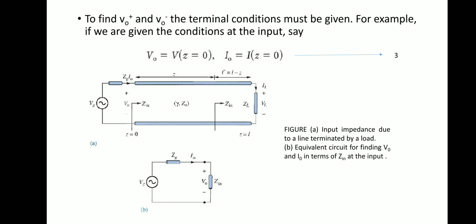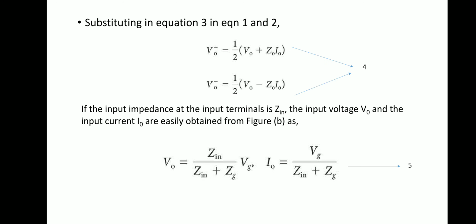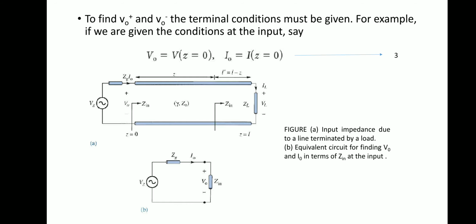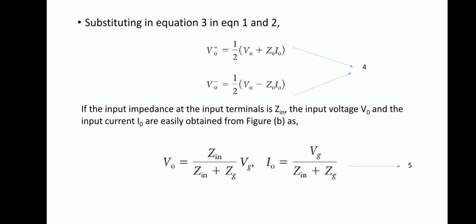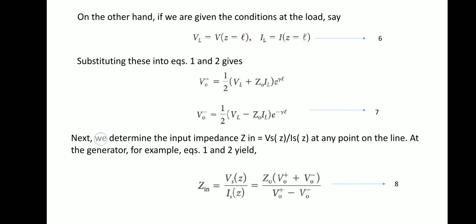Similarly, I0 is Vg by Zin plus Zg. So we can easily find I0 and V0 if we know Zin and Zg. These are the equations to find V0 and I0.